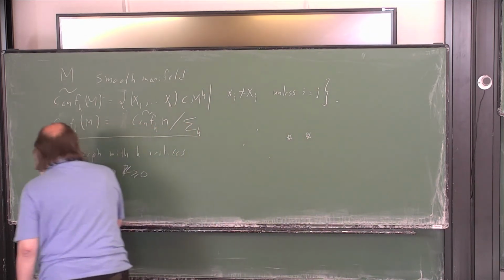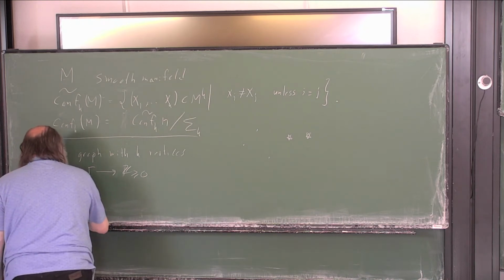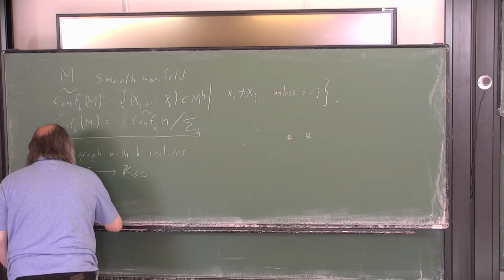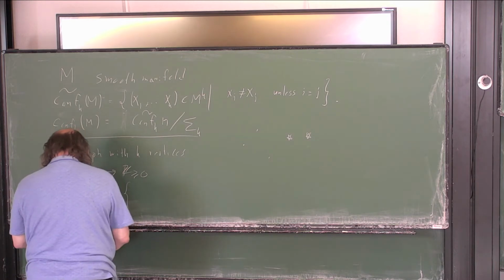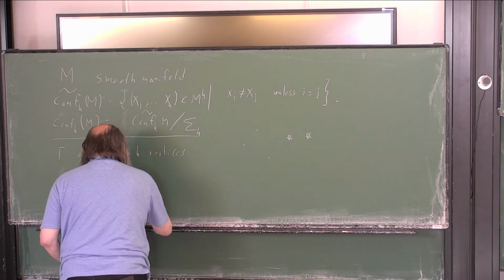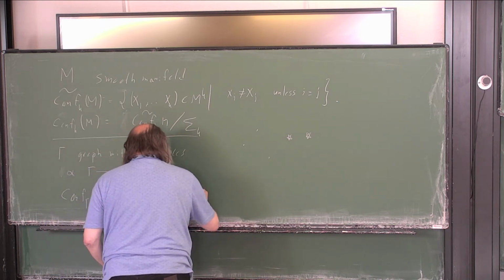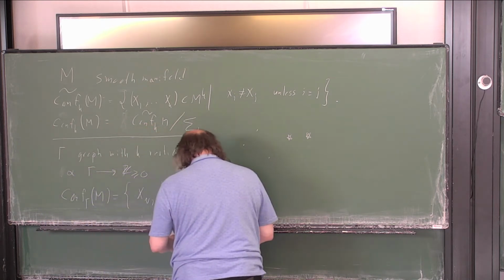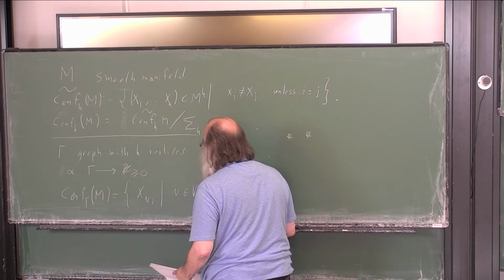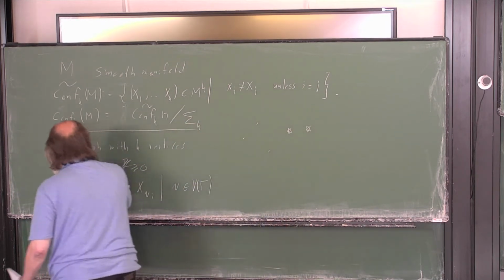And the configuration space you define is now given by saying you take x_{v,i}, where v is a vertex, so it defines a class. So this alpha is from the vertices of gamma, right? Sorry, yeah, thank you.